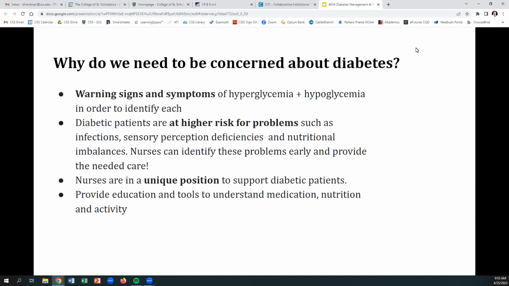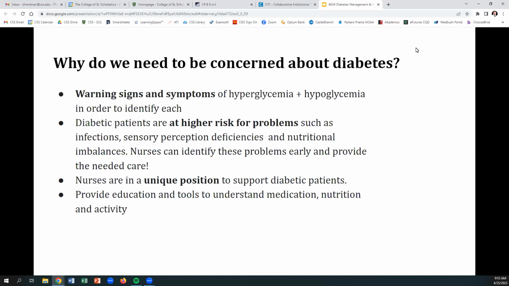So why is it so important that we need to be concerned about diabetes? Registered nurses need to be aware of the different warning signs and symptoms of both hyperglycemia and hypoglycemia in order to identify each.